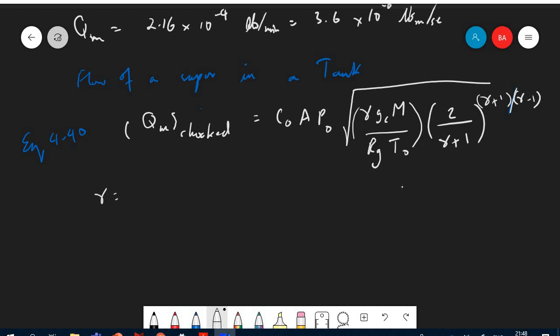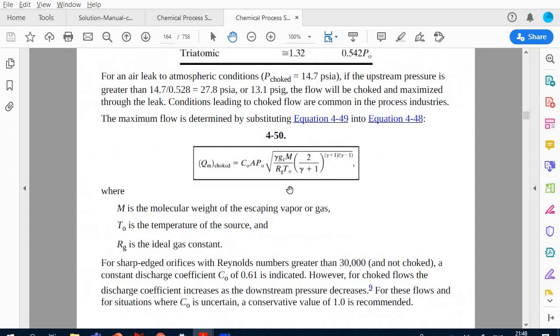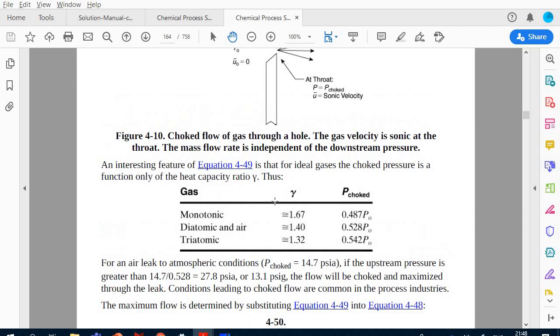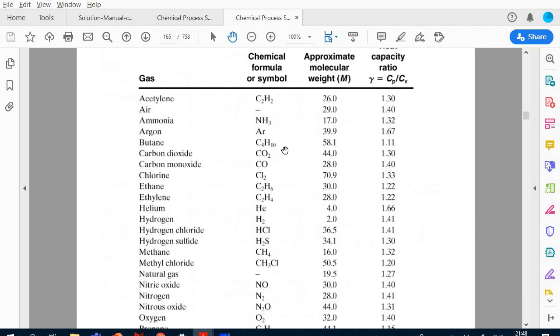Now what is the value of gamma? How can we get the value of gamma? We already said that if you go to table 4.3, you're going to find the value of gamma. Let me see where I can find table 4.3. I think it's down there. Yep, that's here.